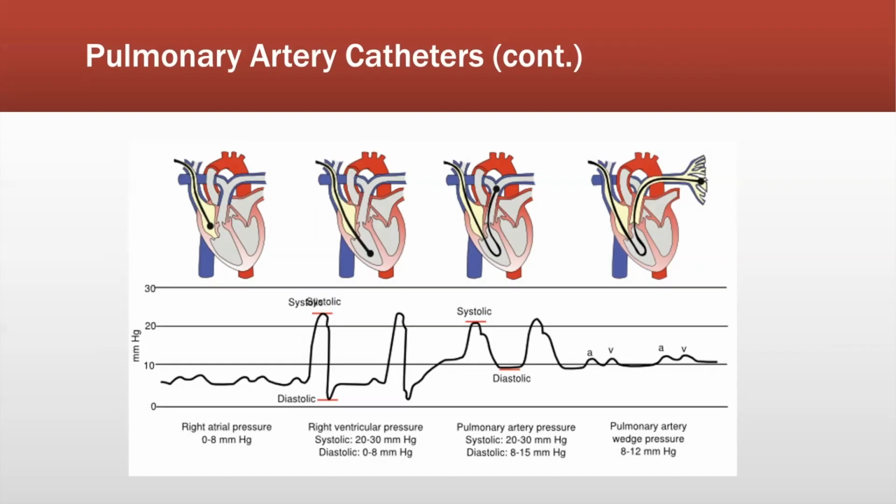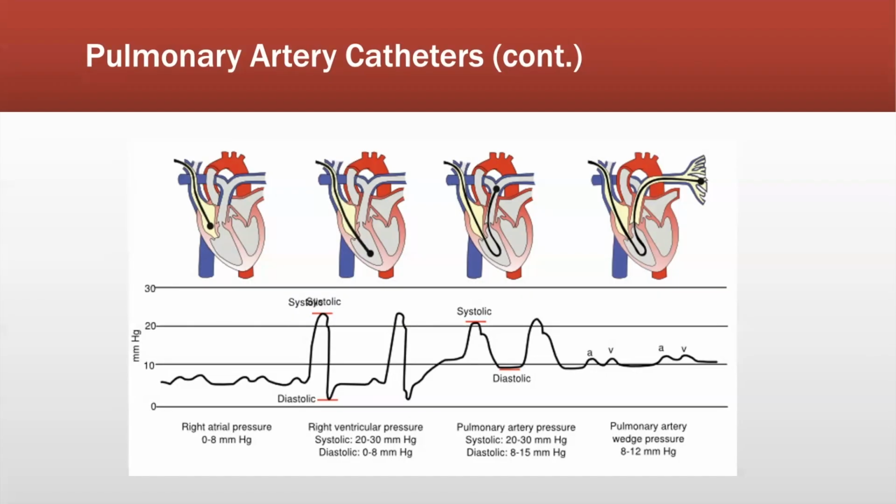Most of our monitors have this, which basically magnifies the PA waveform so the physician can see. When you're first going into the right atrium, you have low pressures there, as you see on the left, and then you move into the right ventricle. This is when you see numbers in the 20s to 30s, and a low diastolic number.